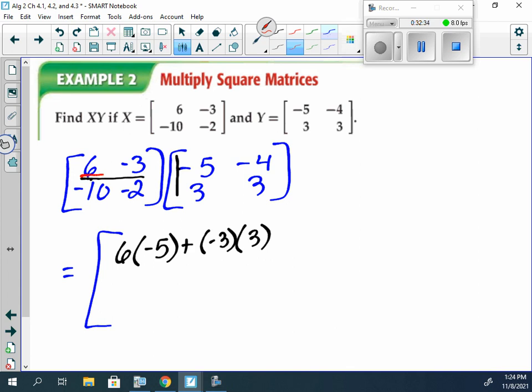Repeat, because now we're going to go first row, second column. So we'll have 6 times -4, plus -3 times 3.